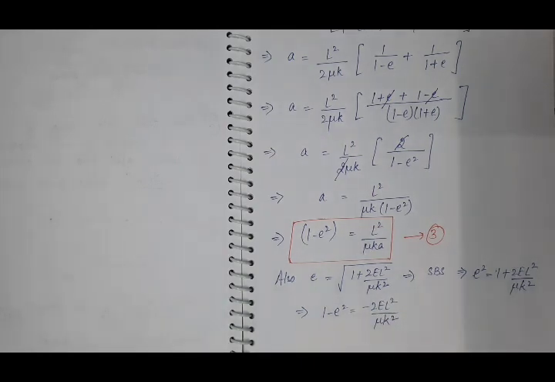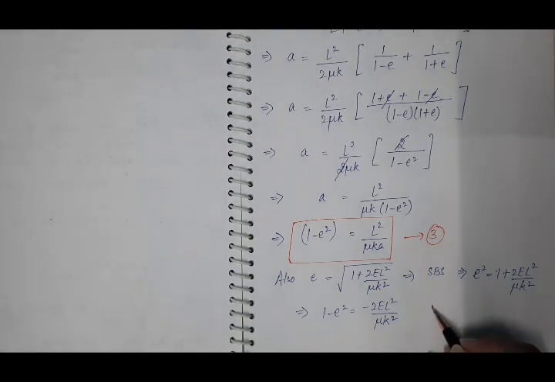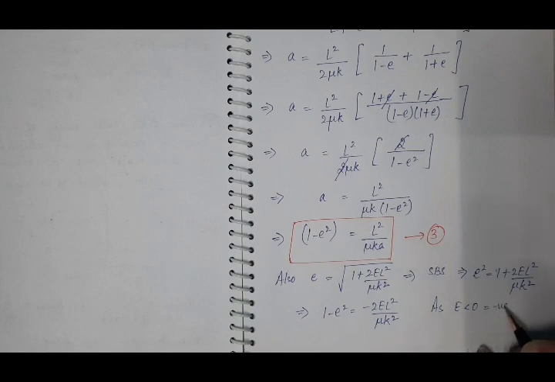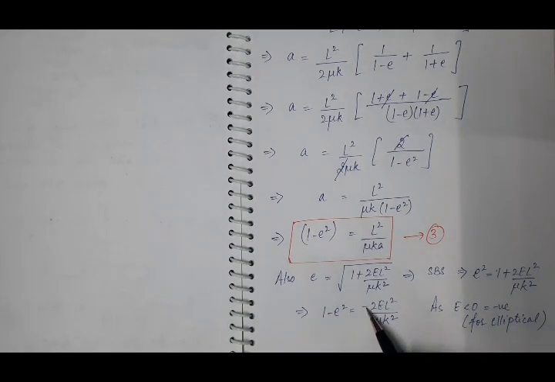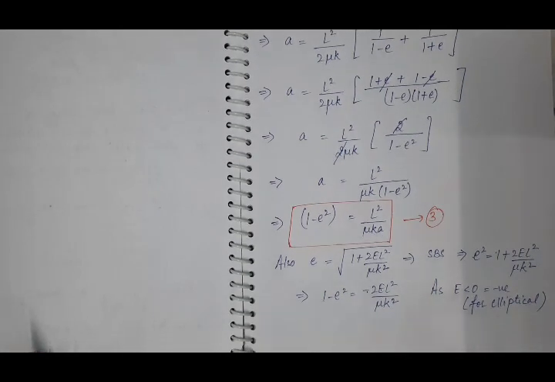Again, as the orbit is elliptical in shape, the energy will be less than 0, that is negative, for an elliptical orbit. So this negative and negative will be positive.